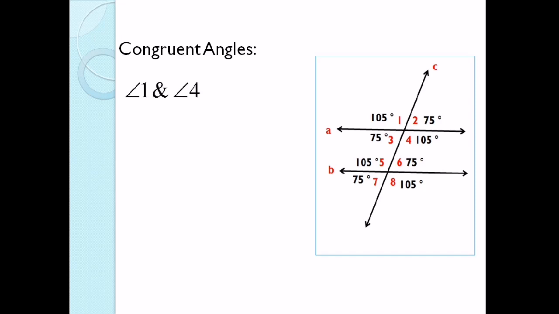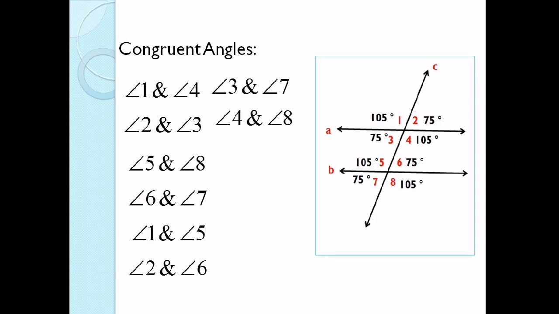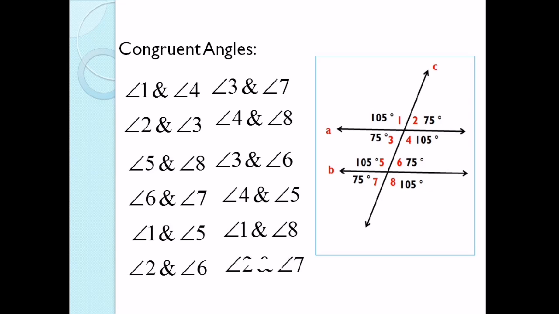So, angle 1 and angle 4, angle 2 and angle 3, angle 5 and angle 8, angle 6 and angle 7, angle 1 and angle 5, angle 2 and angle 6, angle 3 and angle 7, angle 4 and angle 8, angle 3 and angle 6, angle 4 and angle 5, angle 1 and angle 8, angle 2 and angle 7. So, those are congruent angles in our given figure.